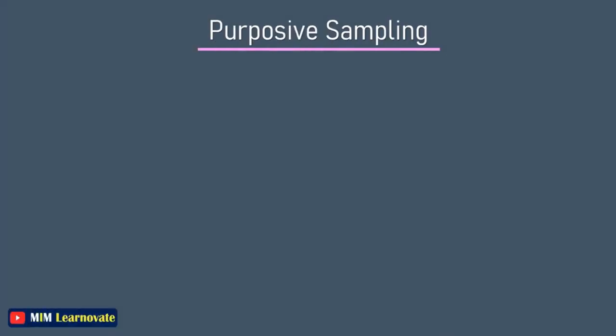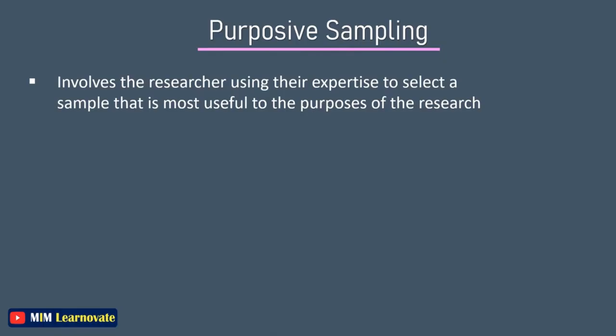Purposive sampling. This type of sampling, also known as judgment sampling, involves the researcher using their expertise to select a sample that is most useful to the purposes of the research. It is often used in qualitative research where the researcher wants to gain detailed knowledge about a specific phenomenon rather than make statistical inferences.